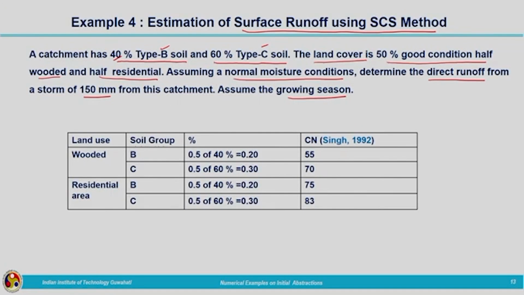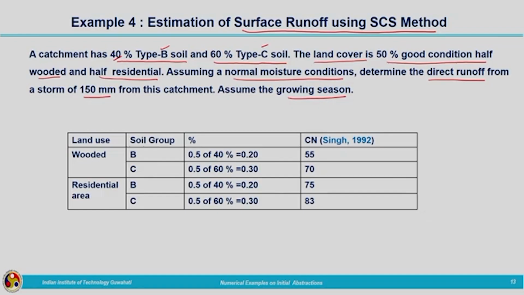If it is related to dry season, dry condition, and the saturated condition, we have to go for AMC 1 and AMC 3. It is given that normal condition, so we need to go with the AMC 2 condition. So, let us find out the curve number for this particular land use.